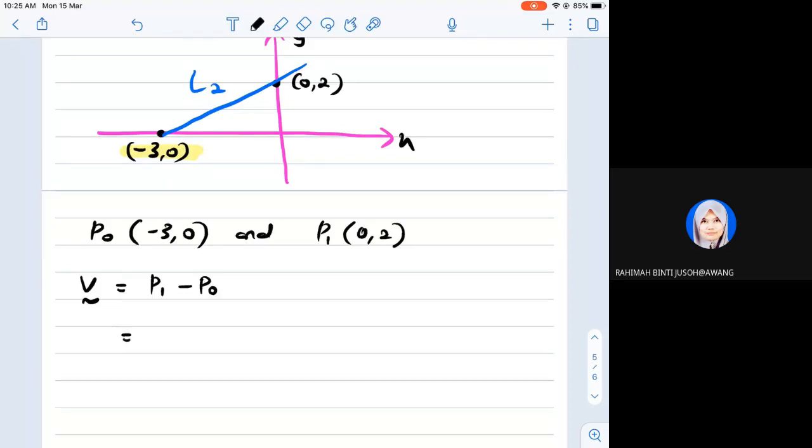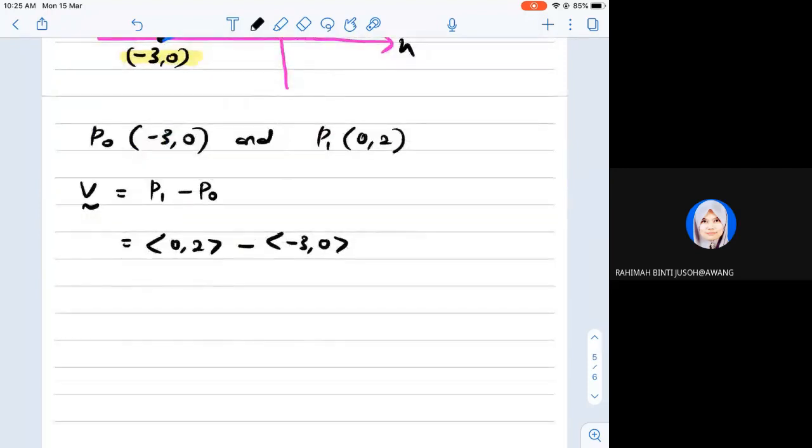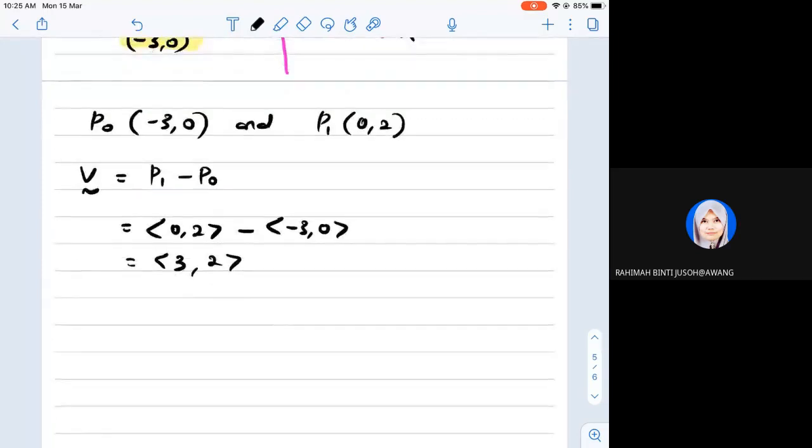So the parallel vector is (0, 2) minus (-3, 0). 0 minus negative 3 gives 3, and 2 minus 0 gives 2. So this is our parallel vector.